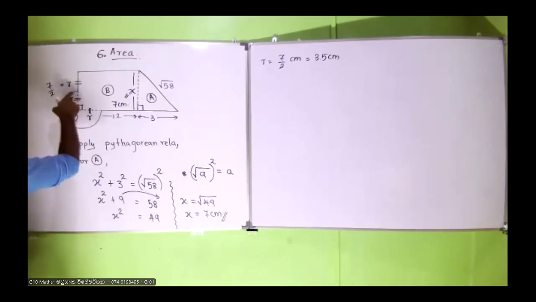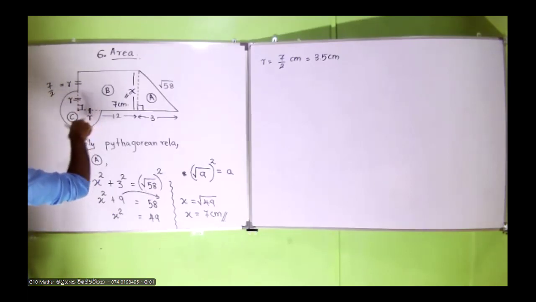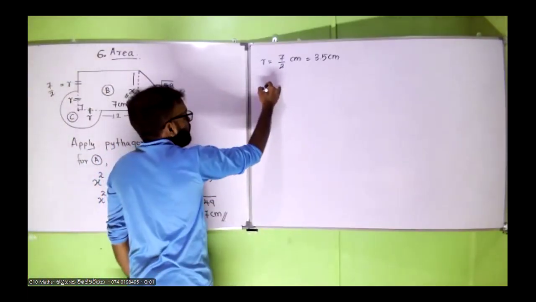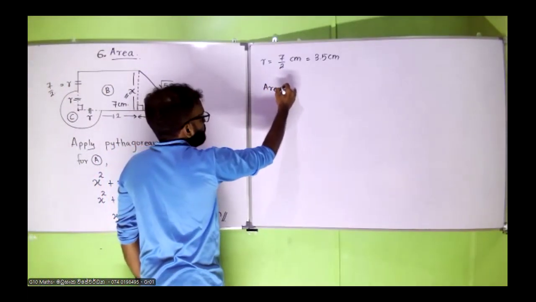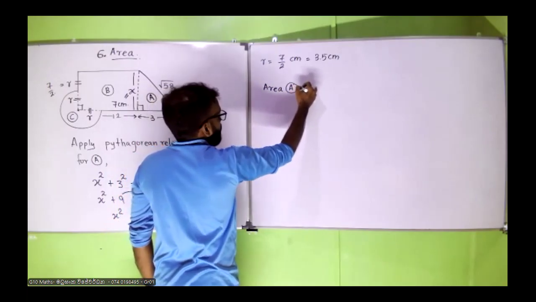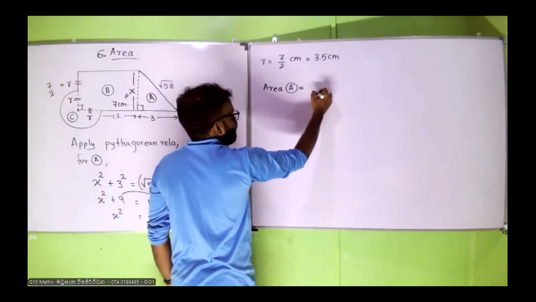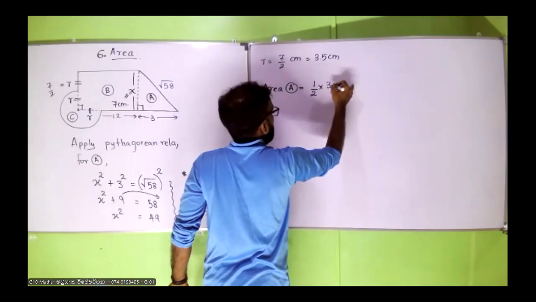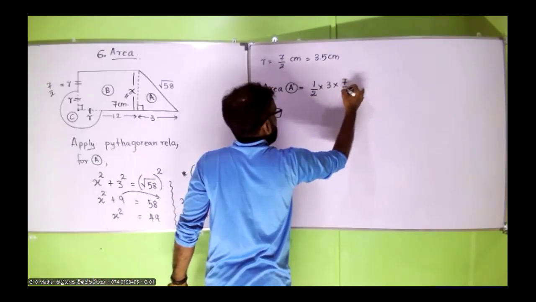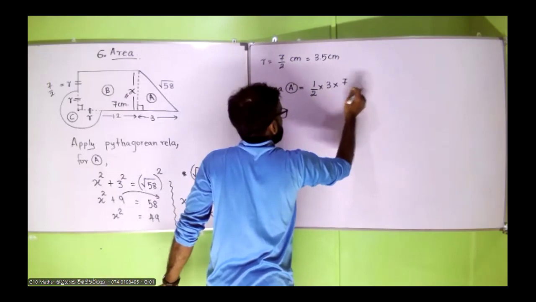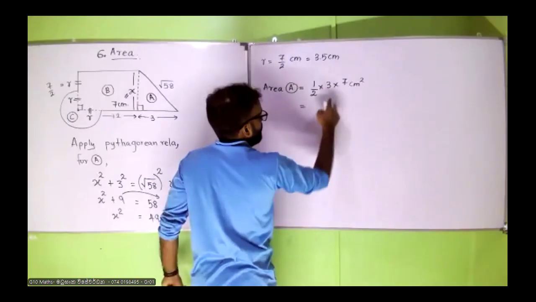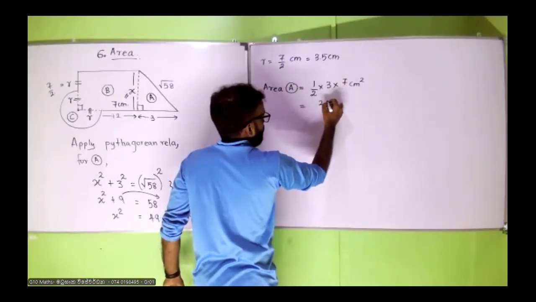Now I am going to find the areas of all the parts, because I know x and I know r. Area of A equals half into base 3 multiplied by 7, sorry, square centimeters. 3 into 7, 21 upon 2.